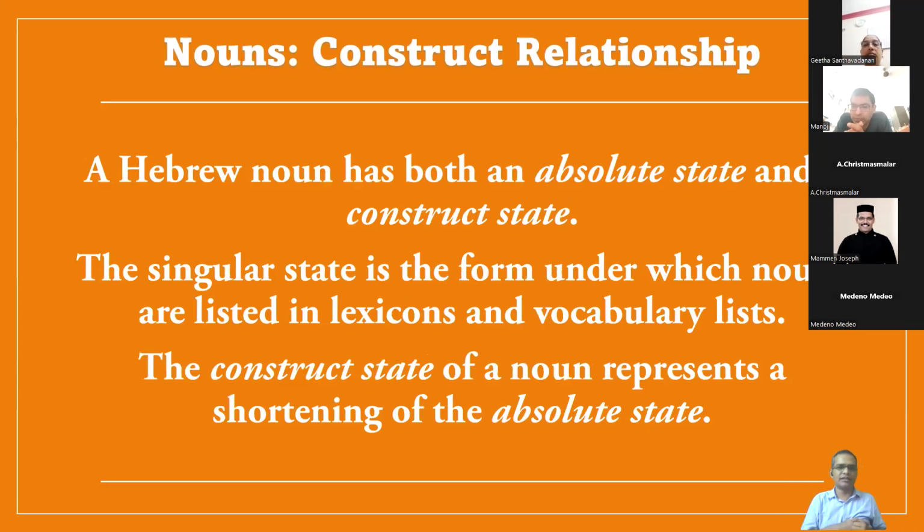In this case, the first one is David, a noun, and the second part is giving additional information about the first noun. David, the king. So we have to be clever in discerning whether this is in the construct absolute relationship or in another state which we call apposition, where after the first noun, the second noun gives additional information about the first noun.